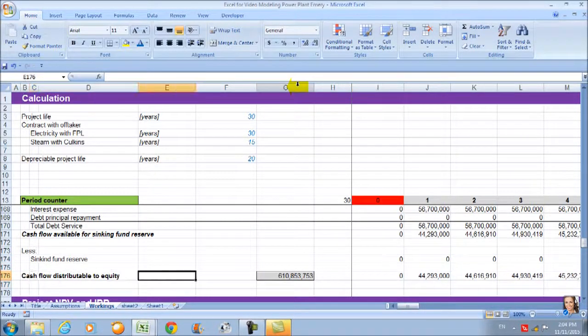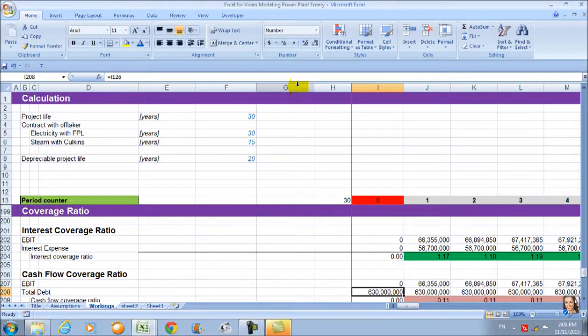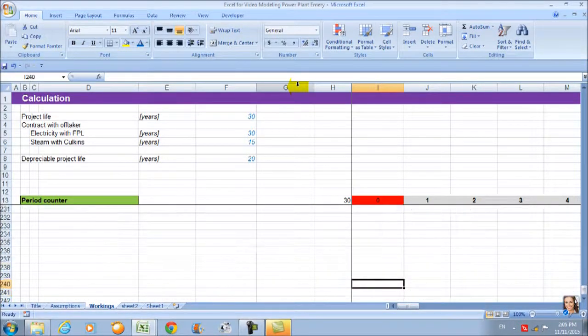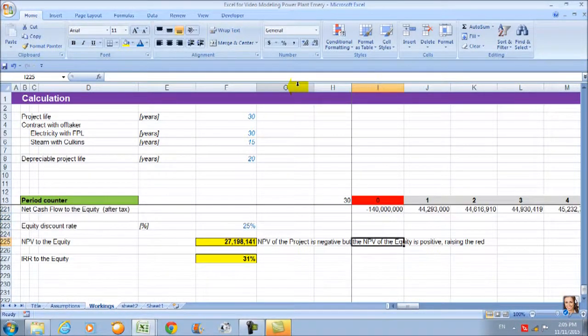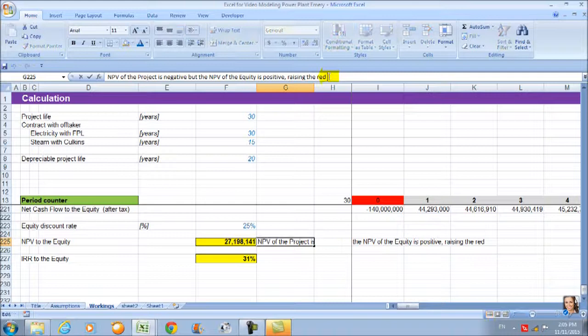Okay, there's something not right with the discount rate. Okay, I'll come back with that. There's a red flag. Okay, I'll put it in red because I promise I will come back to you with this problem.